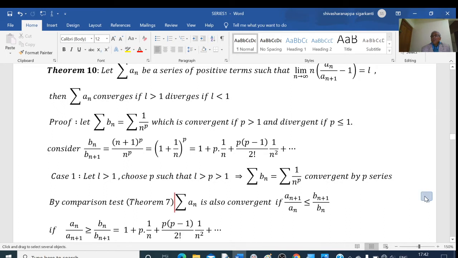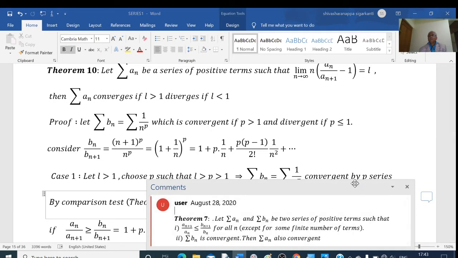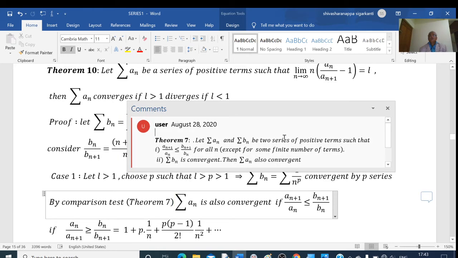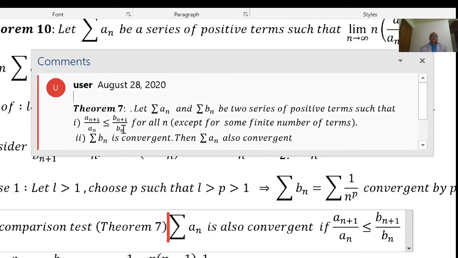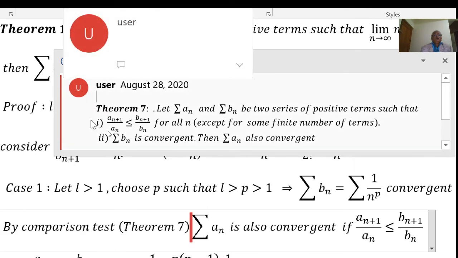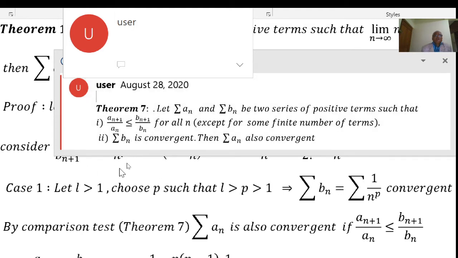Then we have one comparison test. What this comparison test says is, let sigma a_n and sigma b_n be two series of positive terms such that a_(n+1) divided by a_n is less than or equal to b_(n+1) divided by b_n for all n except for some finite number of terms, and the second condition is sigma b_n is convergent.